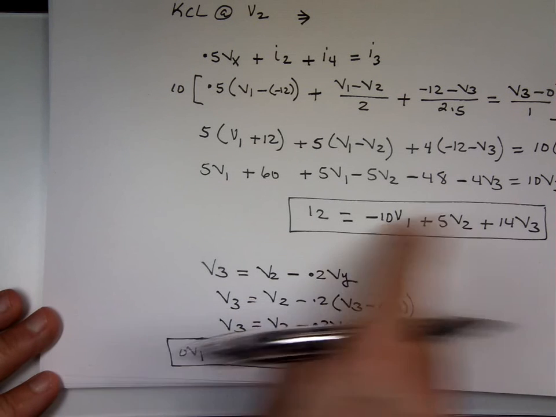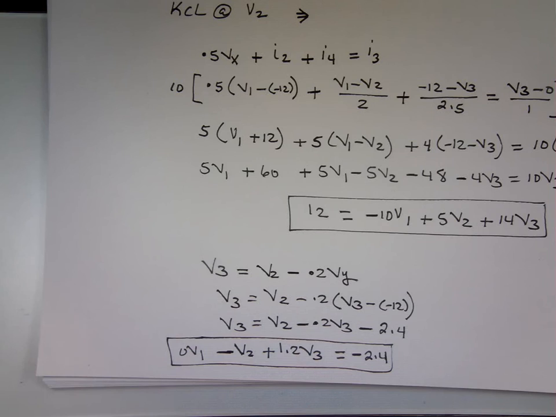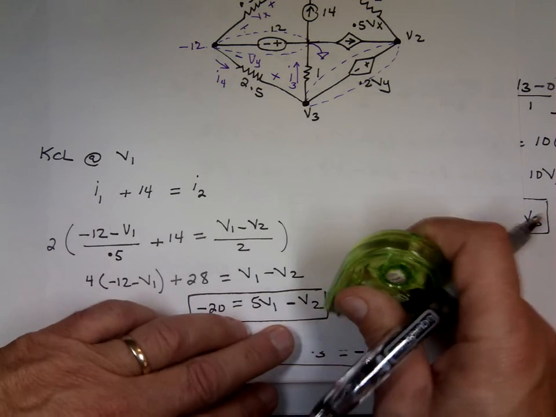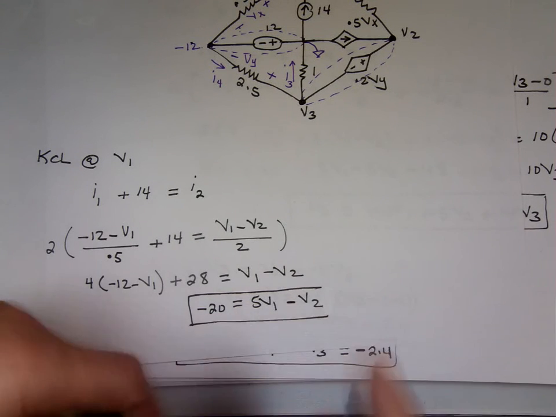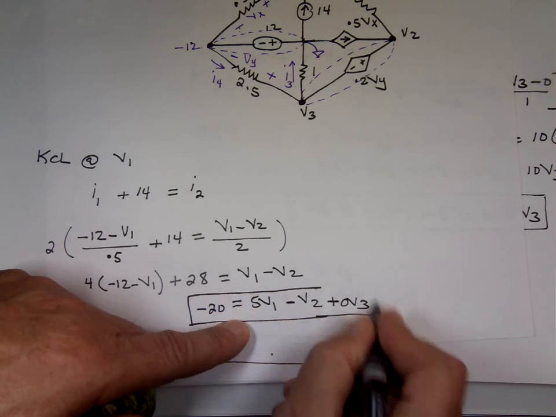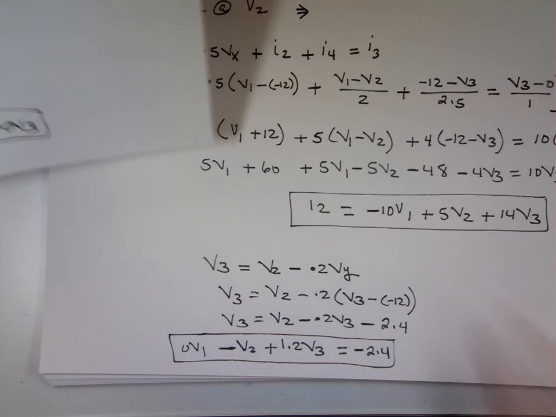And the same thing right here. Notice there is no V3. So you can say plus 0 V3, right? Now every equation has V1, V2, and V3. I have 3 equations by 3 unknowns. I will go to my calculator now.